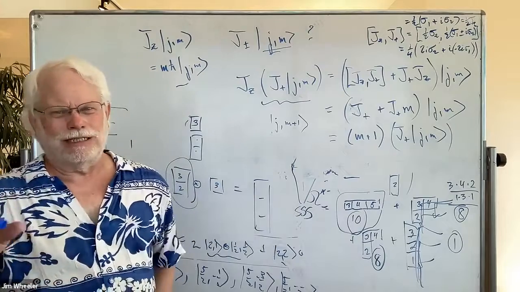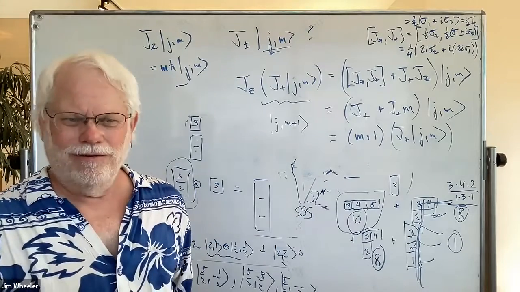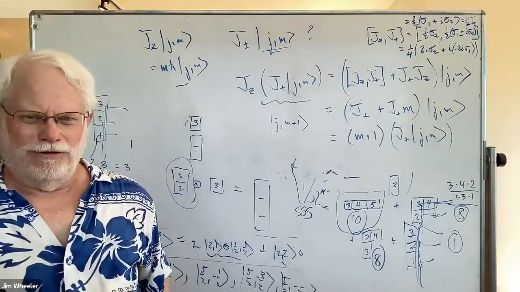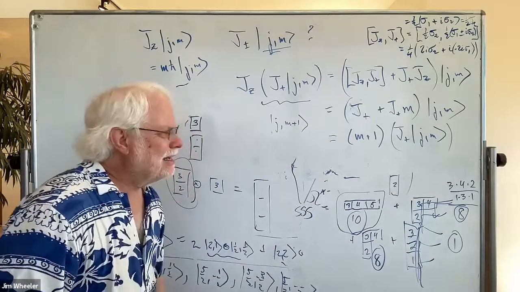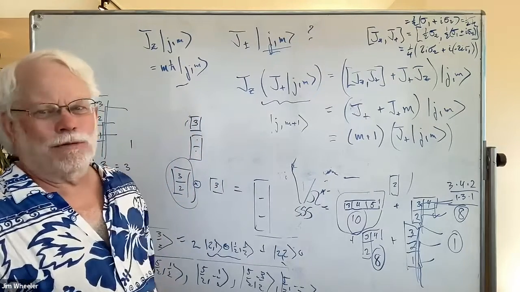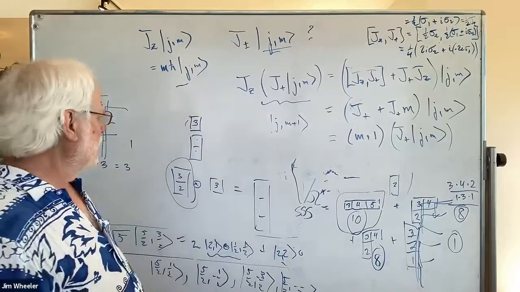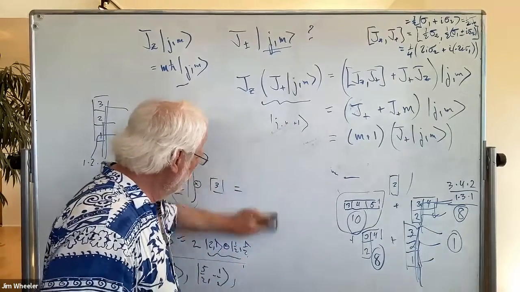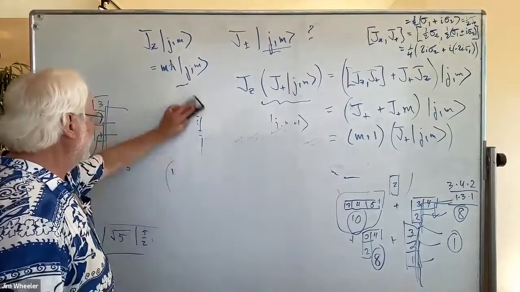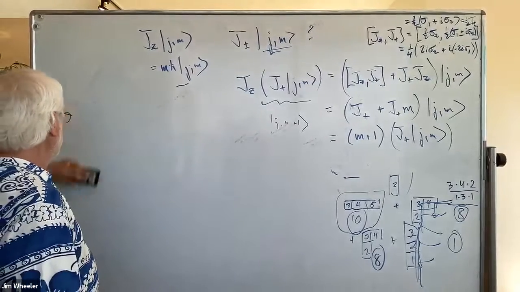Now, there's a deeper reason for this in group theory, and I'm not going to go there. I don't actually quite know what it is. It's a different representation of the group, and we don't really need it as long as we accept that anti-symmetric pair.